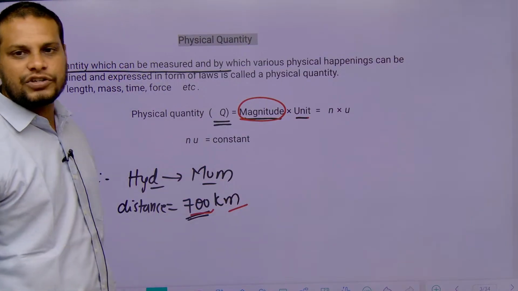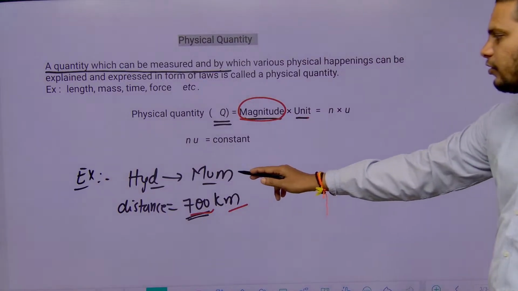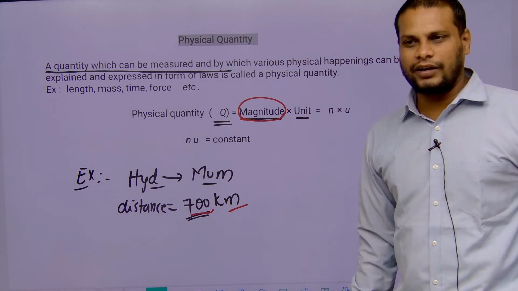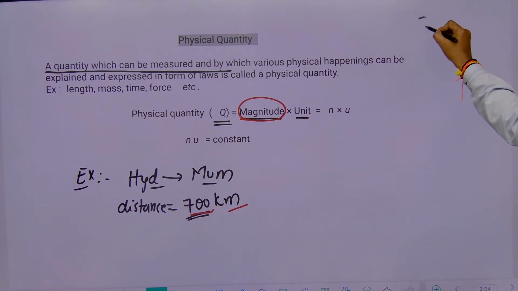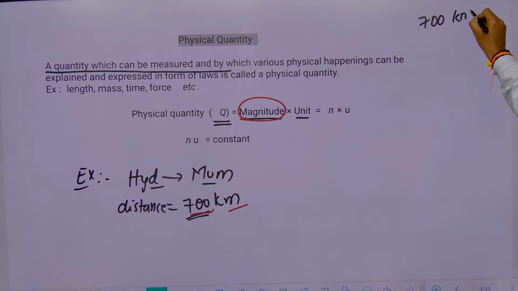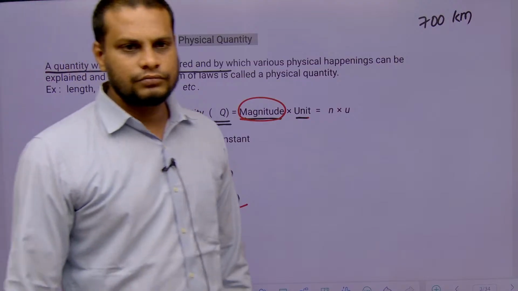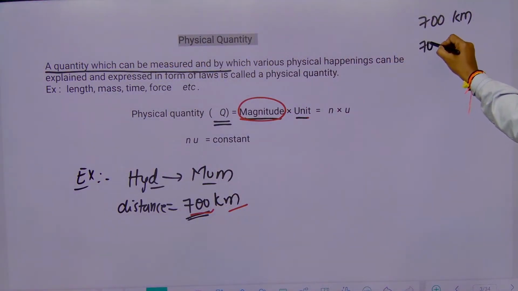In which units are you measuring? Now suppose the distance from Hyderabad to Mumbai is 700 kilometer. I am just giving one example. Now convert this into meter. ఒక కిలోమీటర్కి ఎన్ని మీటర్స్? 1000 meters.